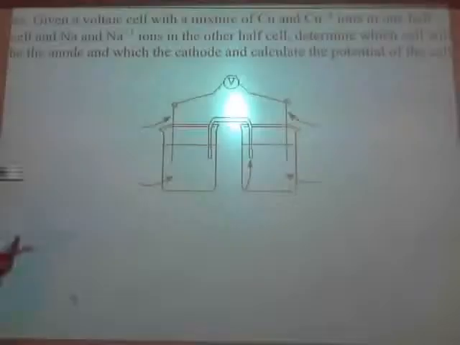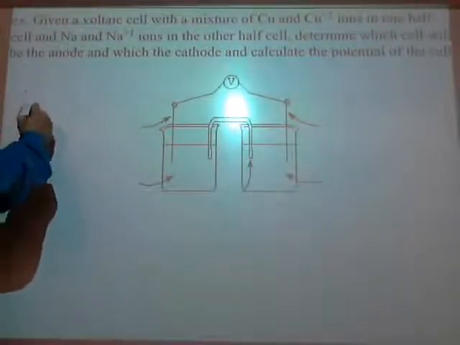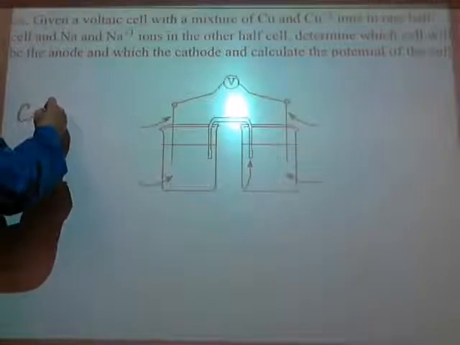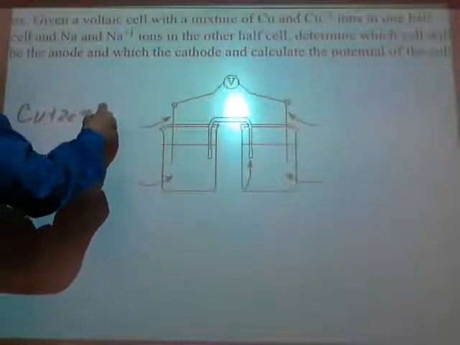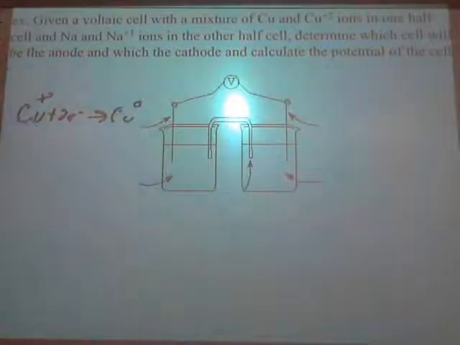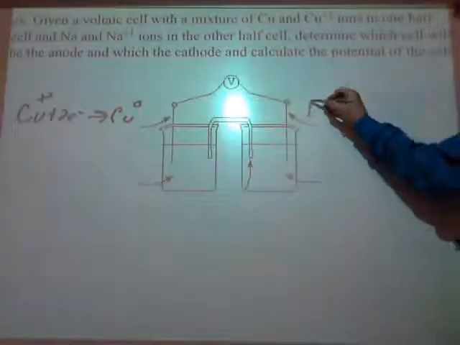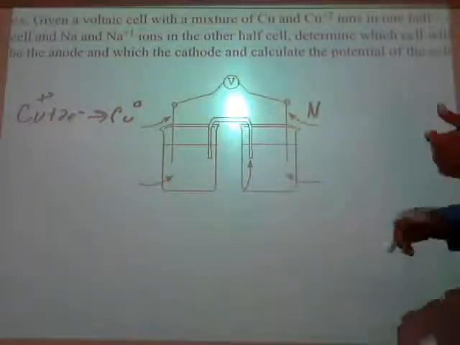It doesn't matter what side I do it from, but let's just put copper over here. Copper is being reduced, so it's Cu2+ plus 2 electrons yields Cu metal. On the other side, sodium is being oxidized. In order for him to be oxidized, he's got to give off electrons.